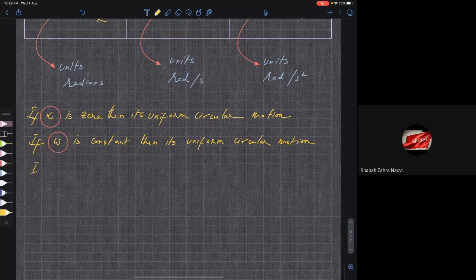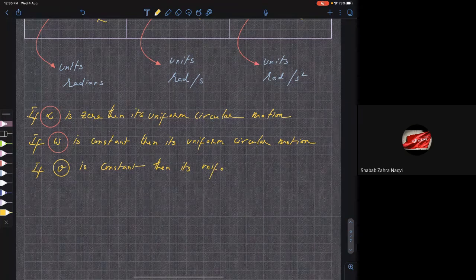Next statement, is this true? If v is constant, then it's uniform circular motion. Is the statement correct or wrong?